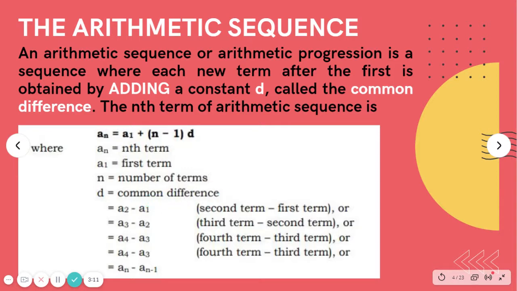Ito yung value sa pagitan ng mga bawat term. So paano natin hinahanap ang common difference? We just simply subtract the second term to the first term, or pwede rin yung third term to the second term, and so on and so forth.